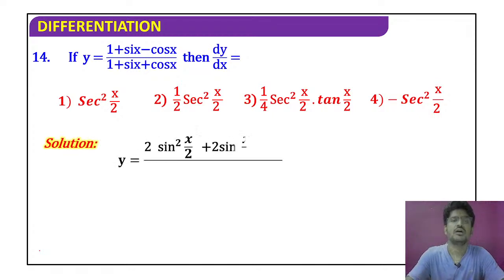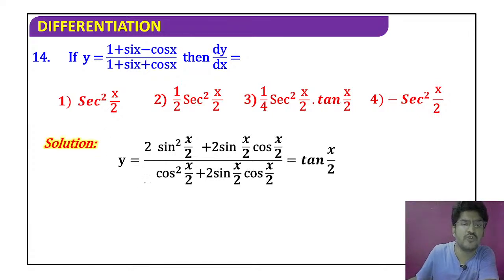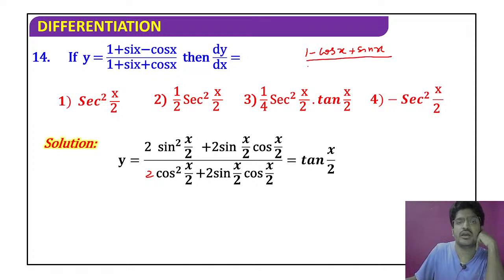See here, you have to use the formulas for sin x and 1 minus cos x. I can write this as 1 minus cos x plus sin x divided by 1 plus cos x plus sin x.